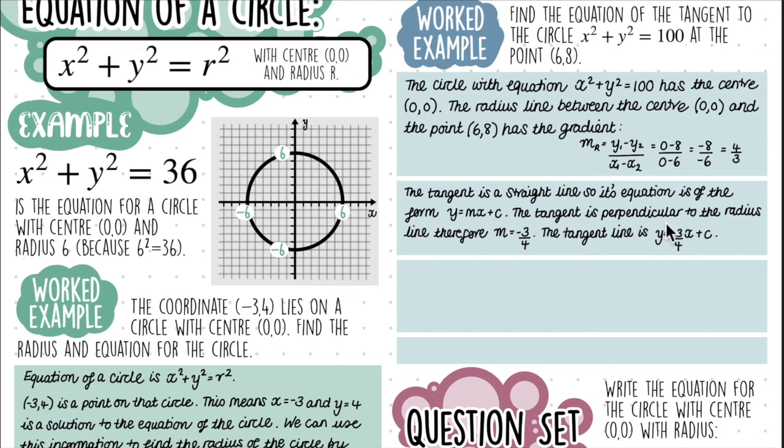The tangent is perpendicular to the radius line, therefore m is equal to minus 3 over 4, i.e. the gradient of the tangent line is minus 3 over 4, and you can see that is this fraction times by minus 1 and flipped upside down. And we know they're perpendicular because if you take this gradient and multiply it to that gradient, you get minus 1, and that is the criteria for two lines to be perpendicular.